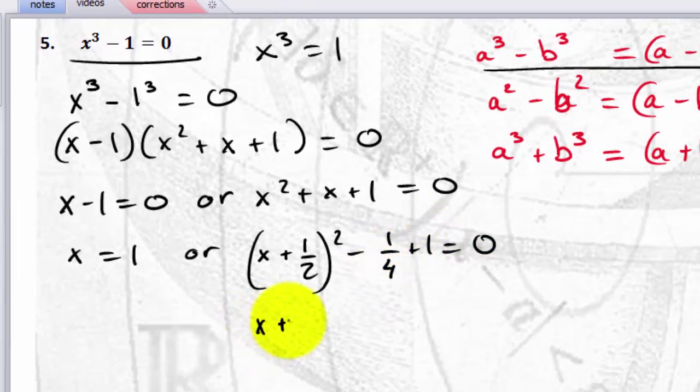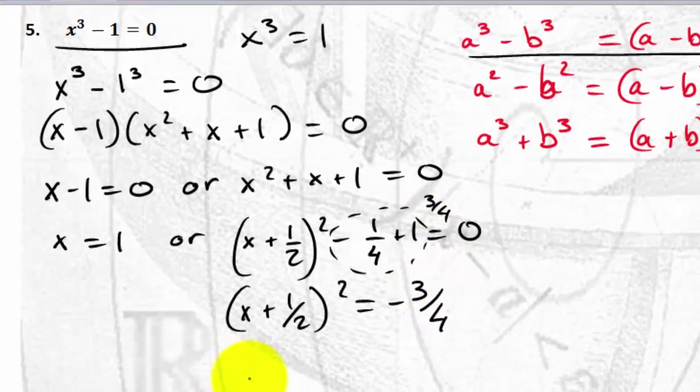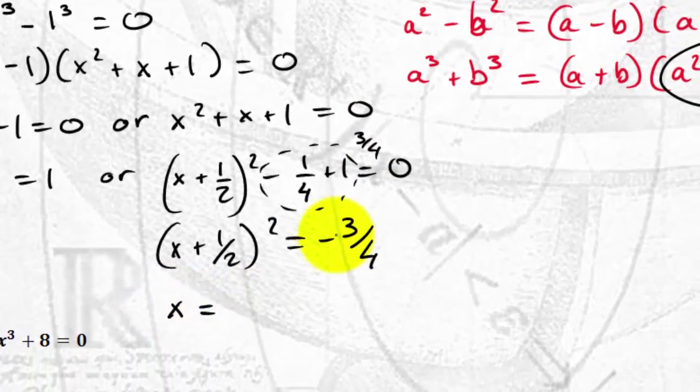So we have x plus 1/2 squared. Now on this side, this is plus 3/4 right here, right? So if you move it to the other side, it's minus 3/4.